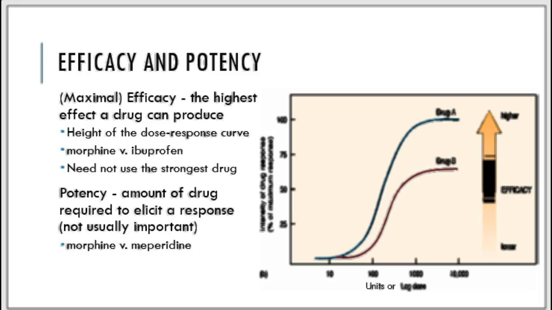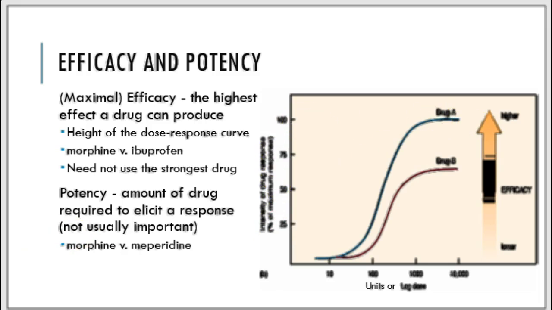Morphine is drug A on this graph. It works really well for this type of pain. At about 1,000 units, it reaches the 100% maximum response.